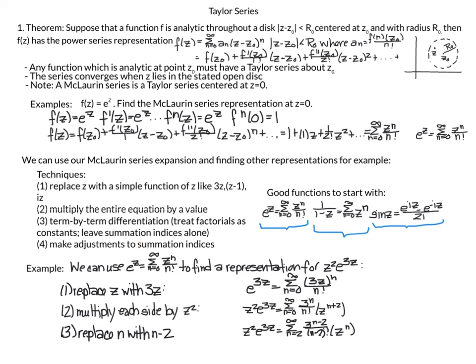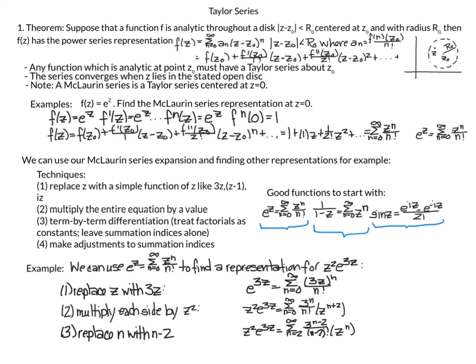So for an example, if we wanted to find a representation for z squared e to the 3z, looking at these two forms, this is the one that looks most similar. And you could start with multiplying everything by z squared, which is just fine.